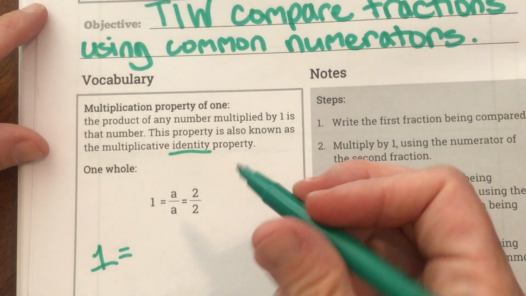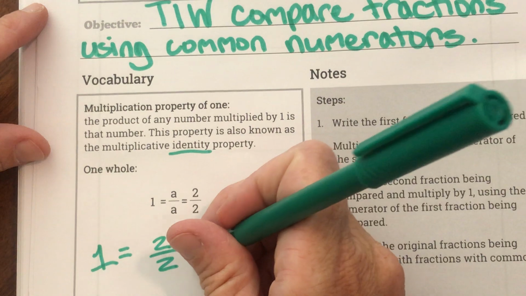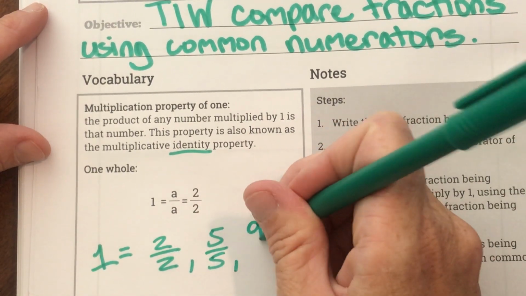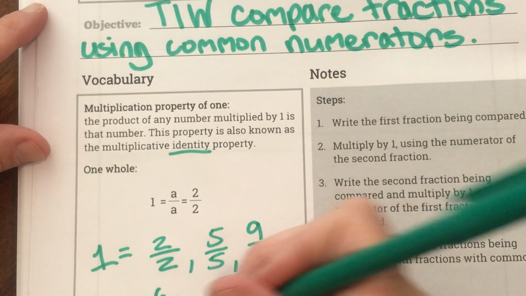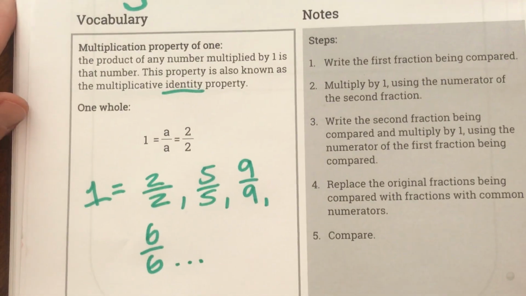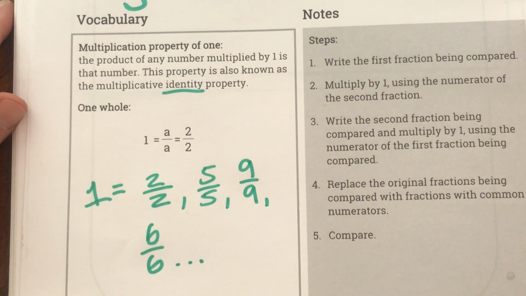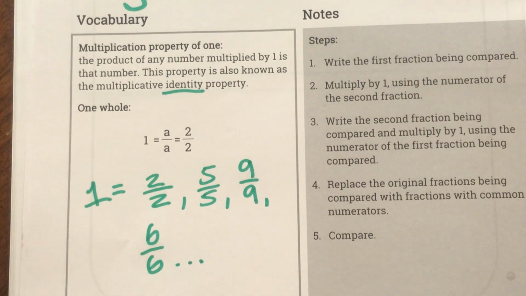A fraction is equal to 1 when the numerator and the denominator are the same. So 2 over 2, 5 over 5, 9 over 9, 6 over 6, and we could go on and on. As long as the numerator and the denominator are equal, then this fraction is equivalent to 1. So when I multiply a number by this fraction, I don't change its value.